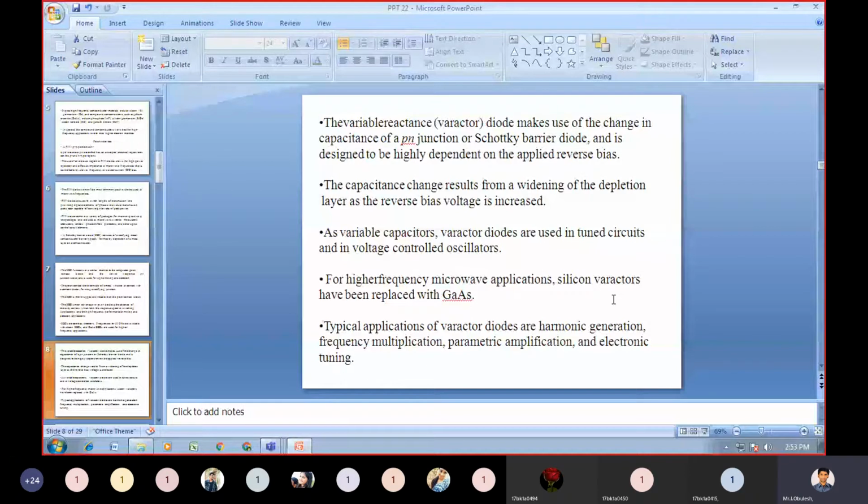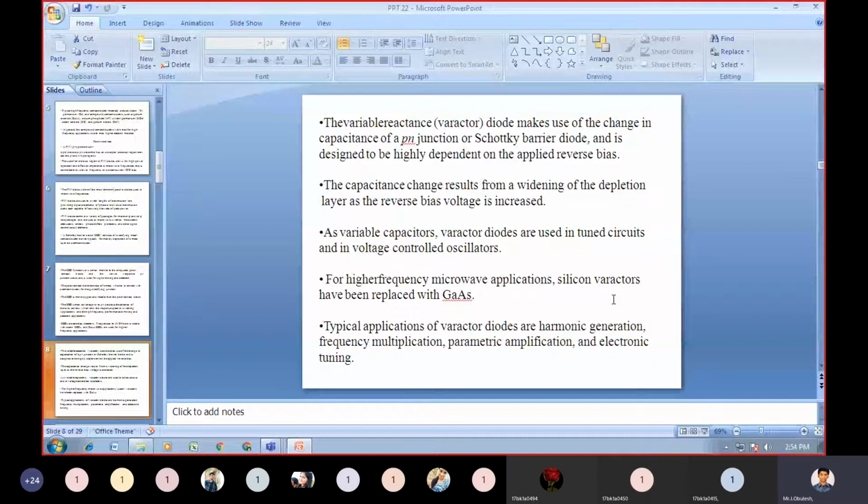The capacitance change results from a widening of the depletion layer as the reverse bias voltage is increased.